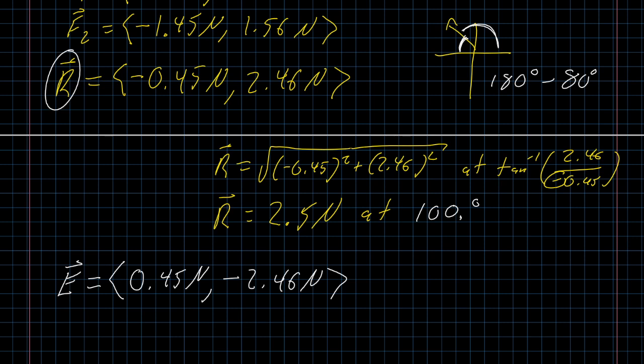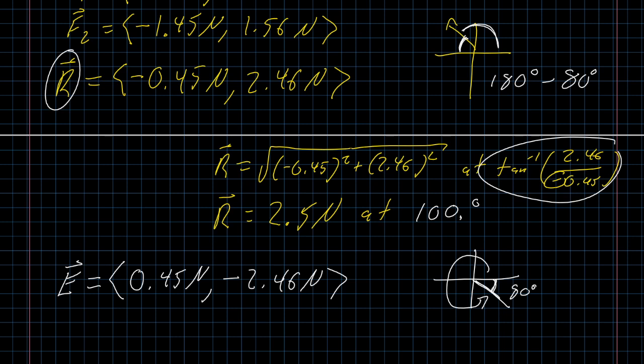This is also why setting up your tangent like this and not using the negative when you punch it into the calculator is so important. Because if you set this one up, you would get the same value coming out there. But in this case, positive x and negative y means that we want to be down here. That's where our 80-degree angle is going to be this time.